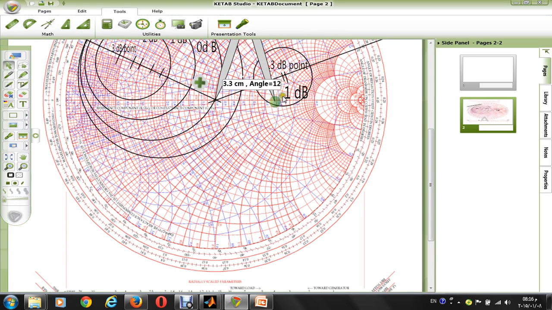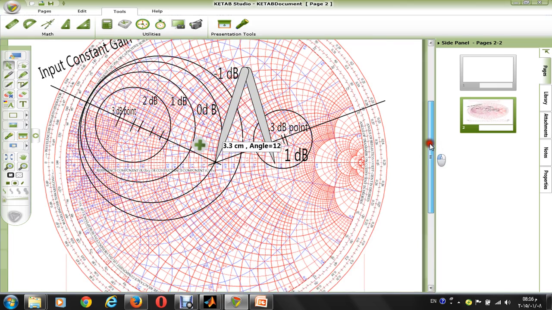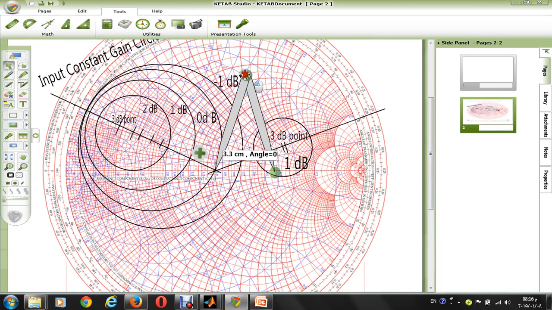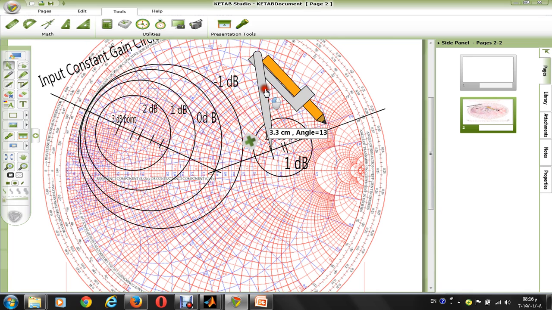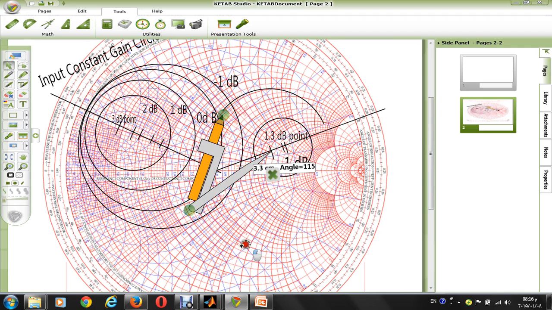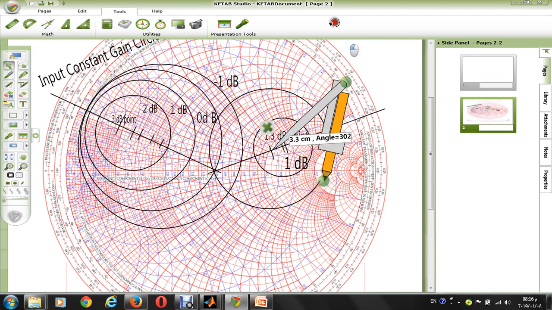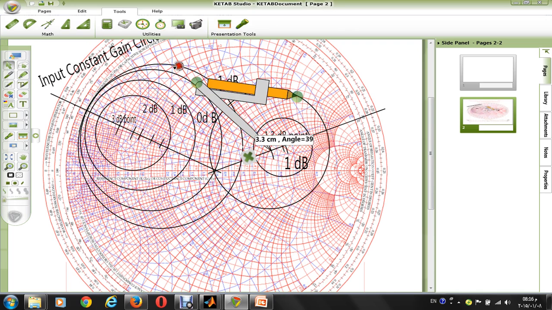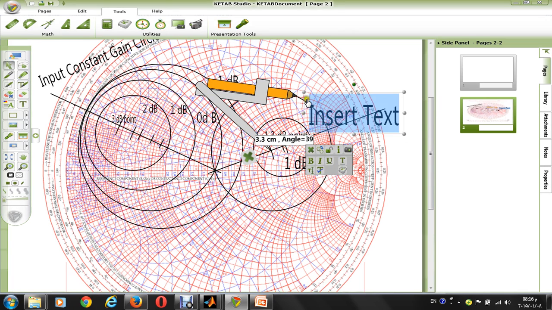I go to the origin and remark the center of the circle. The radius of this circle is the same, so I draw it. Now I write here, 0 dB.